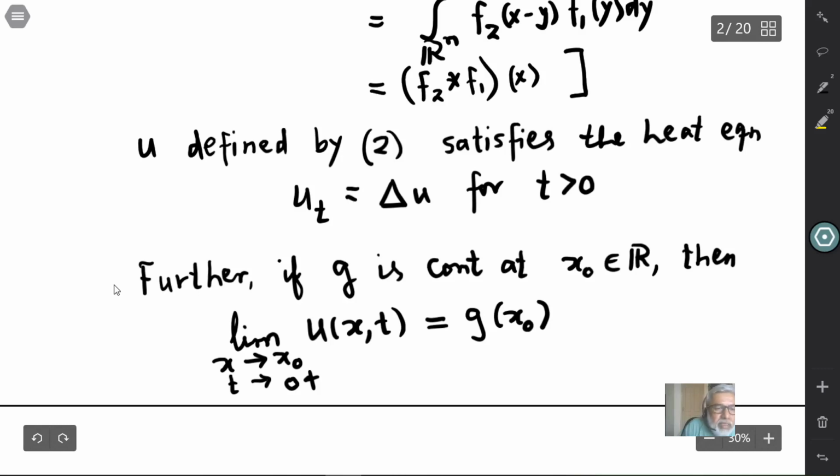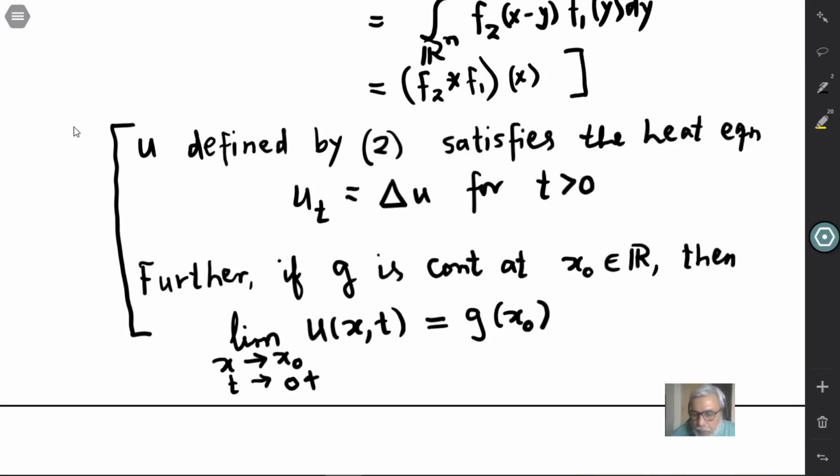These verifications depend on some crucial properties of the heat kernel, the fundamental solution, that we now list. It was explained in detail in the first part, but I'll just recall what those important properties are.